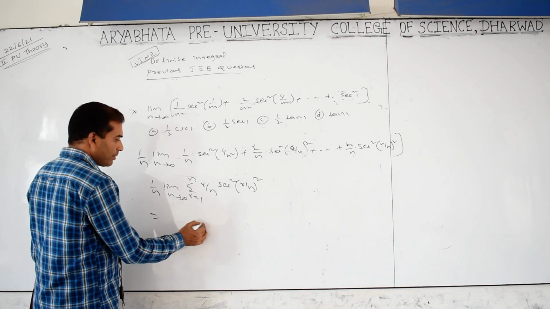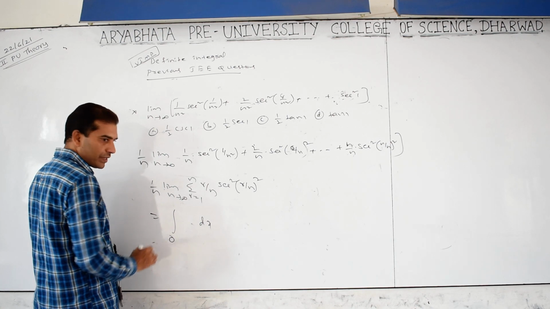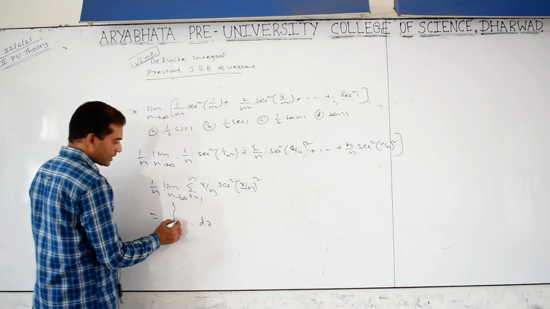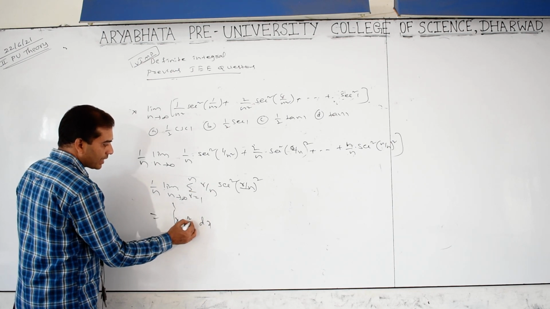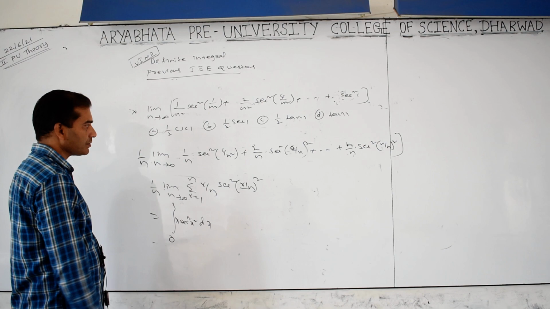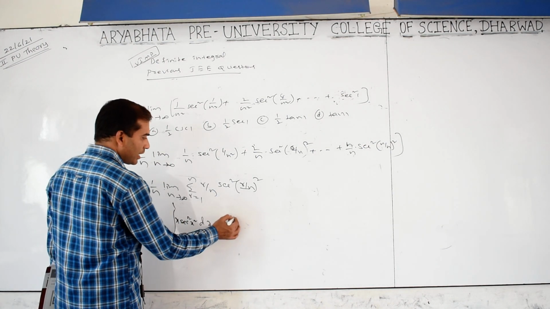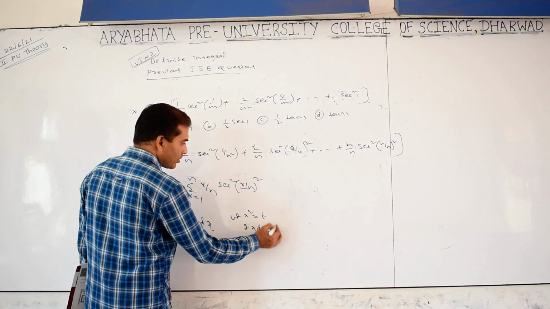So 1 by n means dx, this stands for integration; lower limit always 0, upper limit is the coefficient of 1. This r by n is x, so x into secant square x square. To find this, let x square equal t, then 2x dx equals dt.